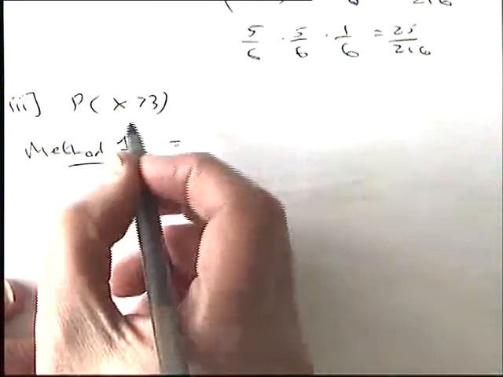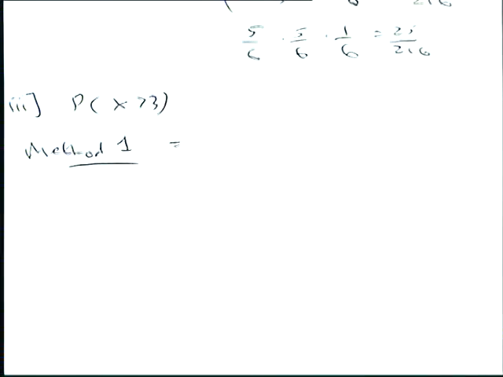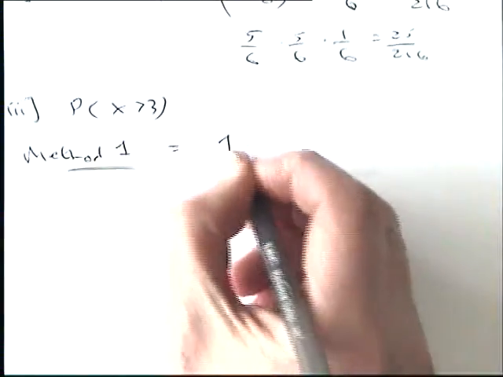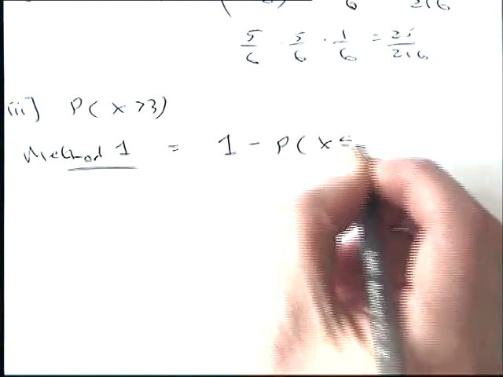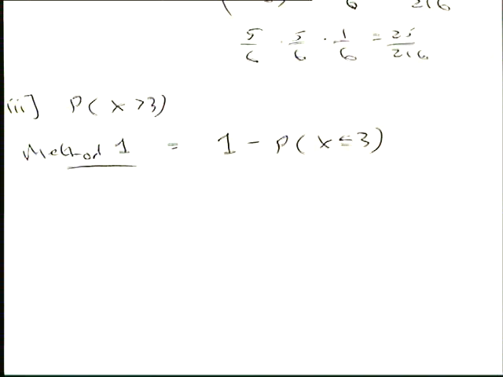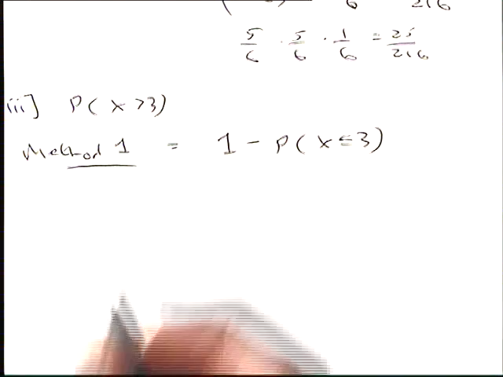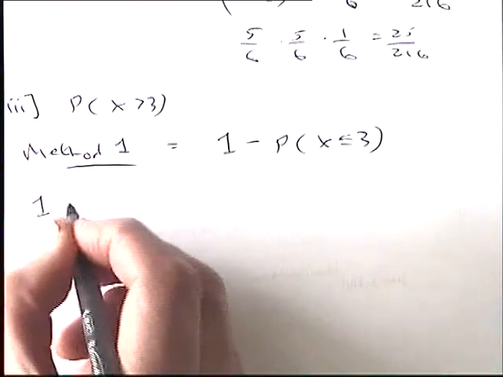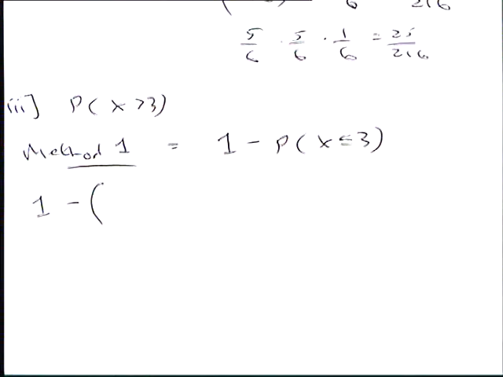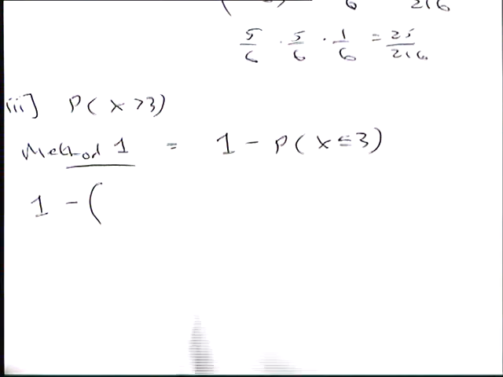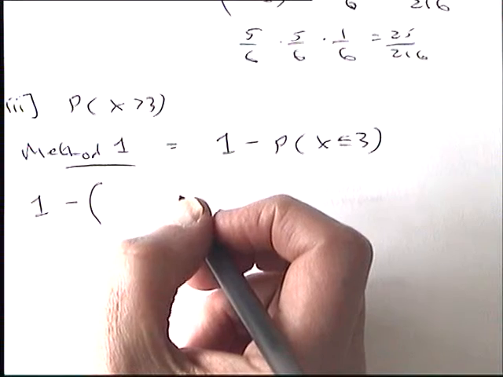But turn it around. What is the opposite of greater than 3? Less than or equal to 3. Yeah. What probabilities could we have for less than or equal to 3? Can we have probability X is 0? No. 1, 2, 3.